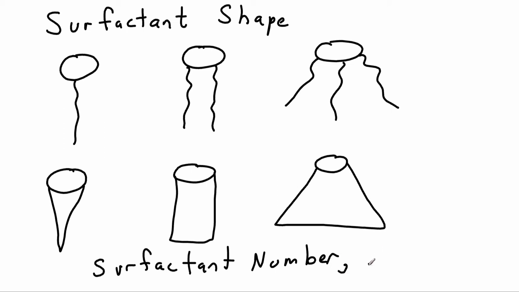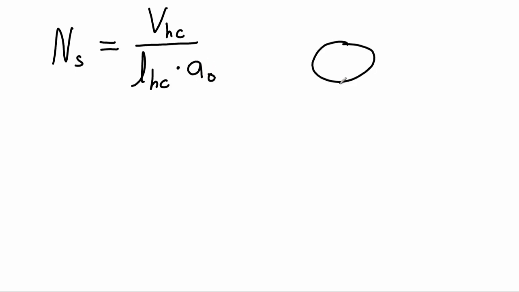We're going to use N sub S for surfactant number. We're going to define surfactant number as a function of the volume of the hydrocarbon portion of the molecule over the length of the hydrocarbon portion of the molecule and the area of the head group.